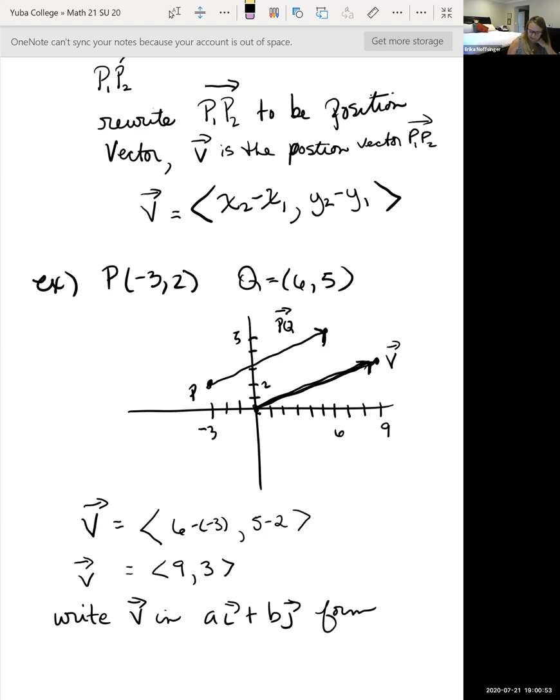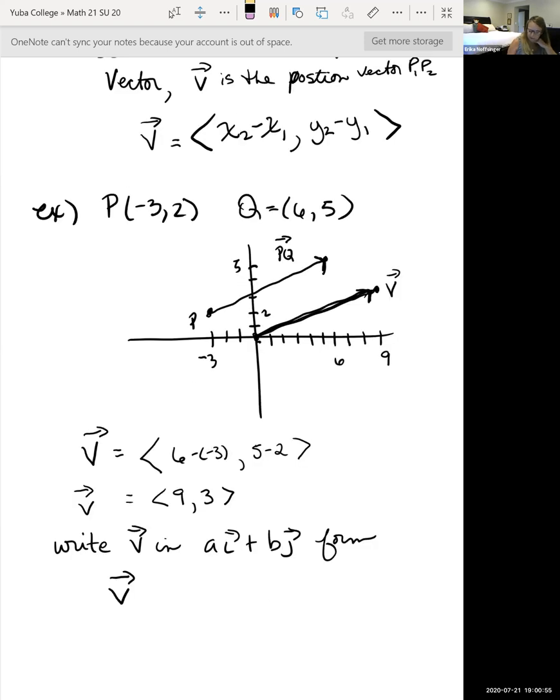So our vector V is equal to 9 times I, that unit vector, that would have been here, but if I multiply that by 9, 0, 1 by 9, that gets me here, plus B, so my B value was 3 times my component vector here of 0, 1, J.